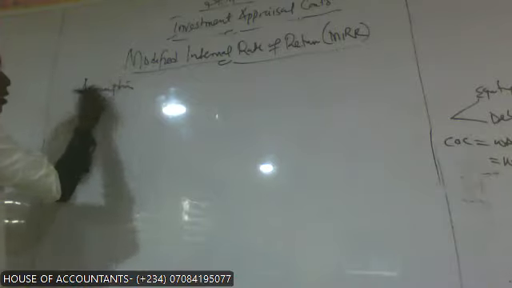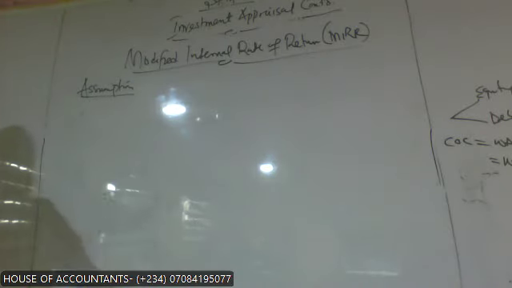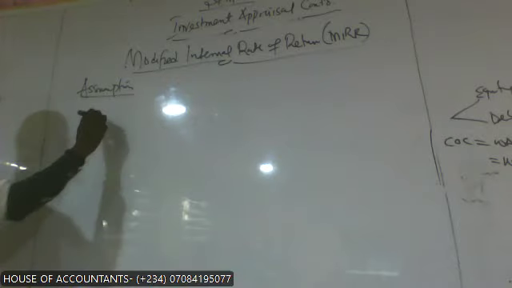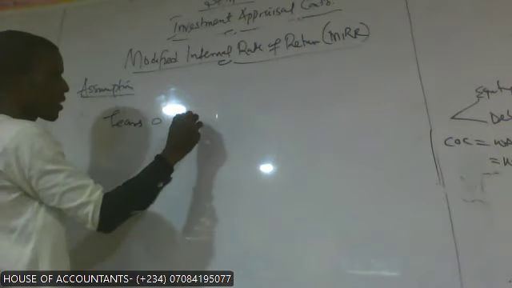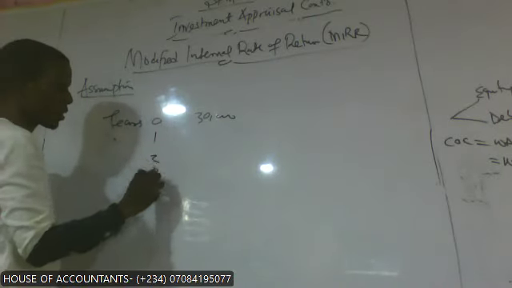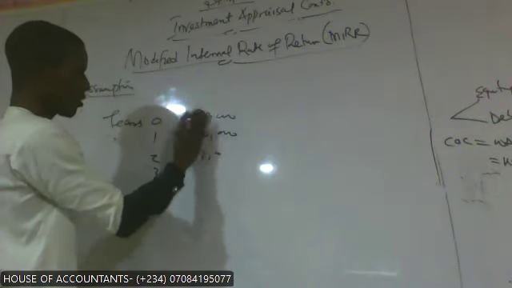now, one of the shortfalls of internal rate of return, we said we assume some rates, right? That is one. The second one is that when you look at the cash flow, we said we have year 0, 30,000, year 1, 2, 3, 10,000, year 3, 12,000.